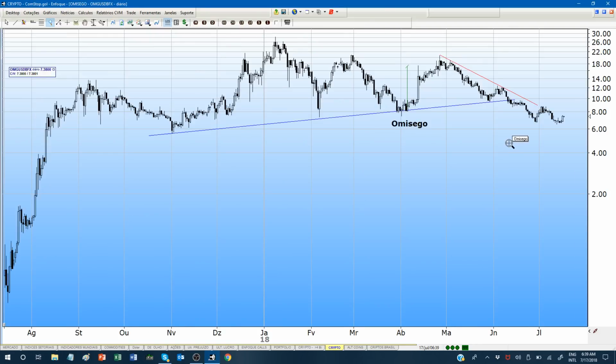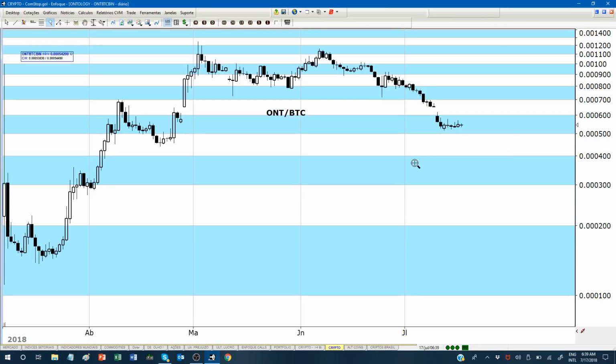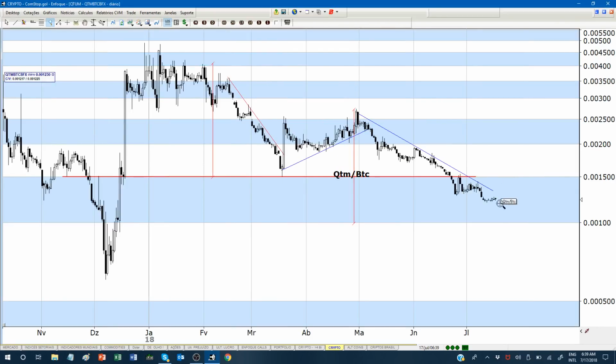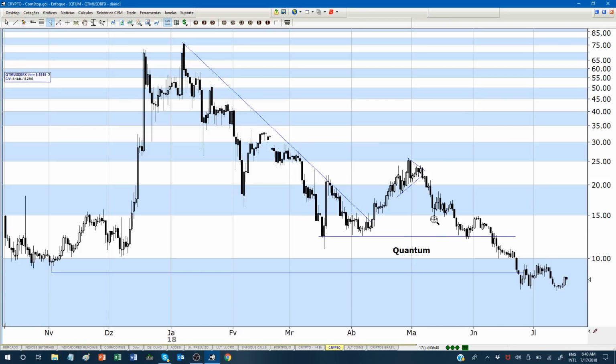This level here. Ontology is flagging down. It's probably coming to this next support level at 30,000 satoshis. Qtum is flagging down, probably going down to the next support level at 0.001.